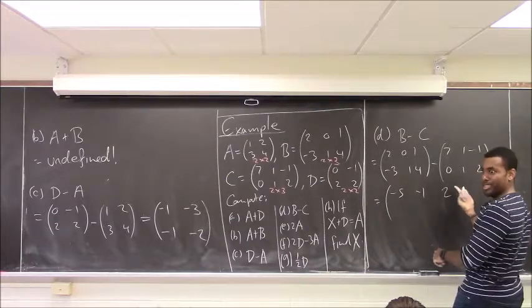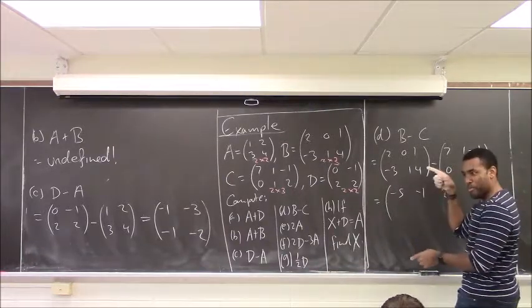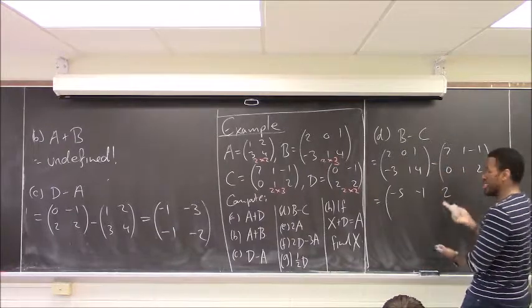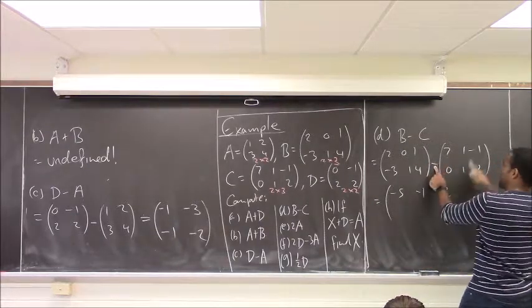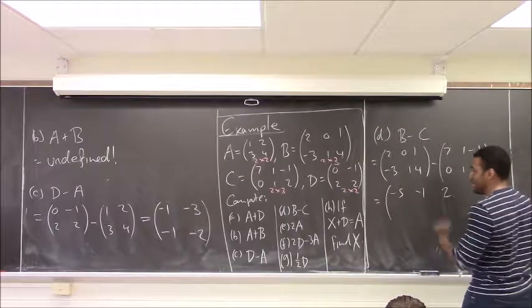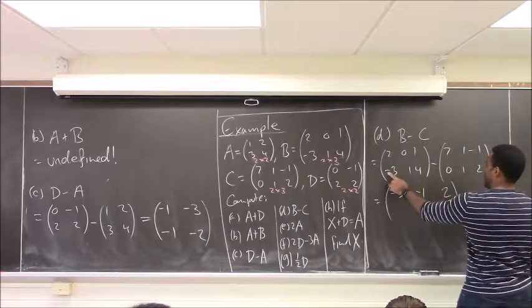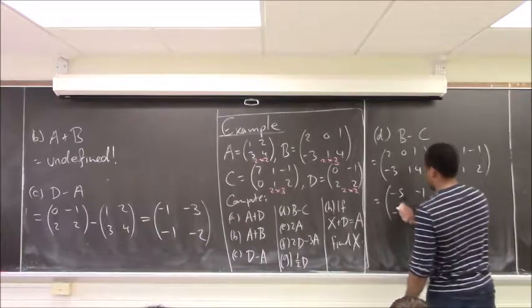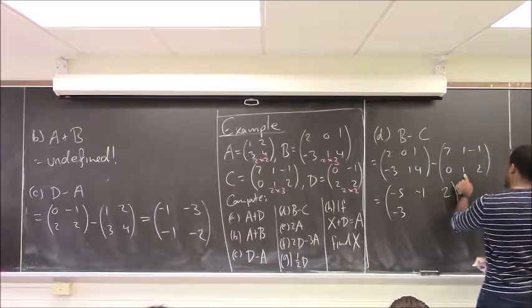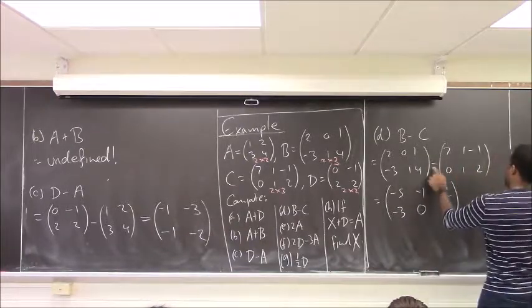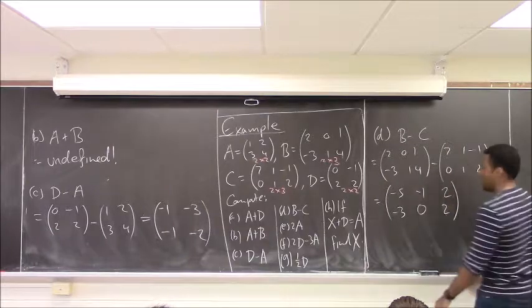See what I mean? You see how that happens? I thought 1 minus 1 and then I wrote a 0. It's actually 2 because it's minus a negative 1. That's where the mistakes happen. You just slip up every now and then. So be careful. 3 minus 0, 1 minus 1, 4 minus 2. So that would be the answer here.